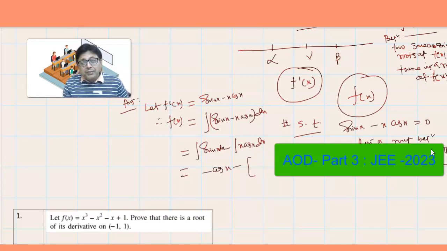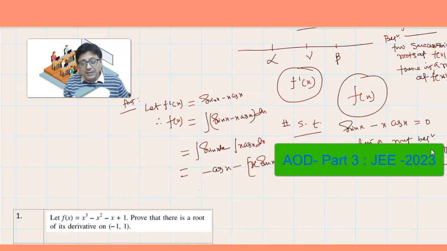And this is going to be, by parts if you apply, it is 1 into sin x, I mean x into the integration of cos x, which is sin x, minus 1 into the integration of sin x dx.